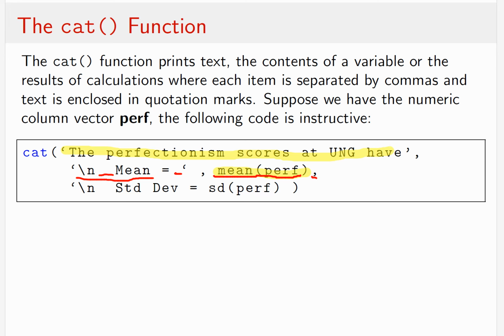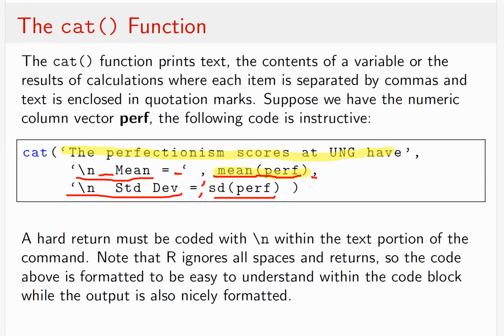Again, now I've separated with commas, so I'm back to putting in text. And there needs to be a close quotes here and a comma before the standard deviation for perfectionism. But yeah, what you want to do is remember that inside the command, R is ignoring all of these spaces and hard returns that you put in the command.